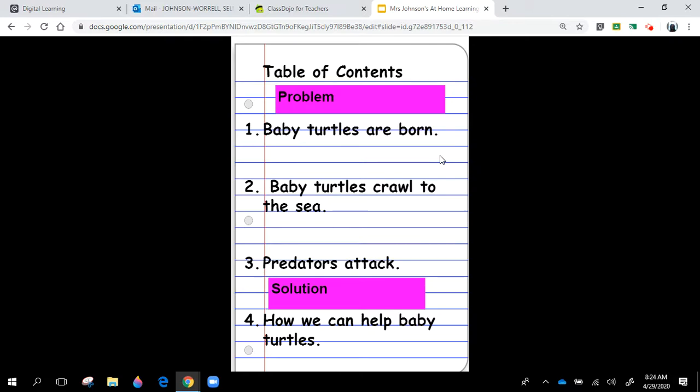So I would have information about the problem. When they are born on the beach, they have problems getting to the sea. And then the solution would be how we can help those baby turtles, or if we should at all. So that would be my information book.